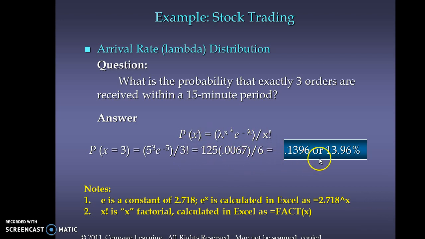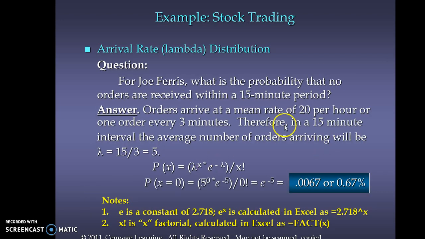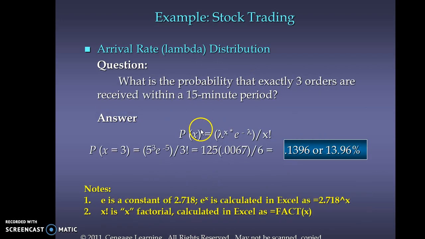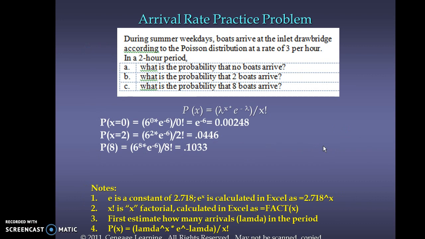We do the math there, we get 13.96%. All right, that makes a little more sense. Typically we get 1 order every 3 minutes, so 3 orders in a 15-minute period of time is going to be a little lower than that. Seems to make sense.